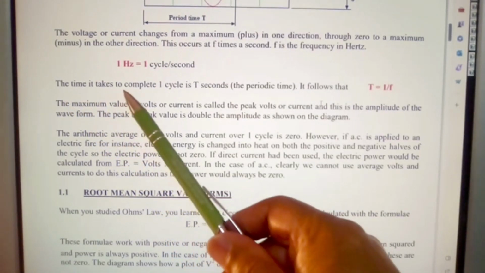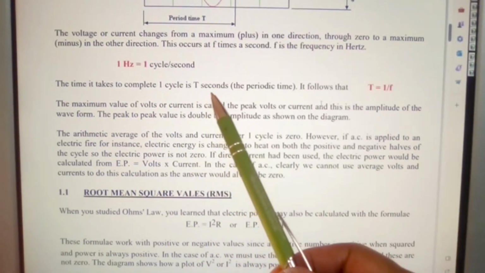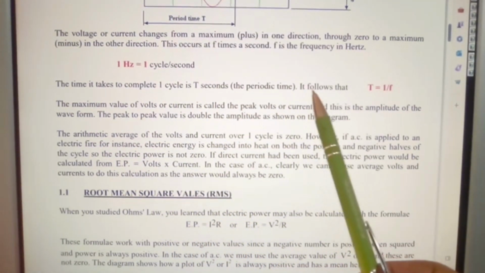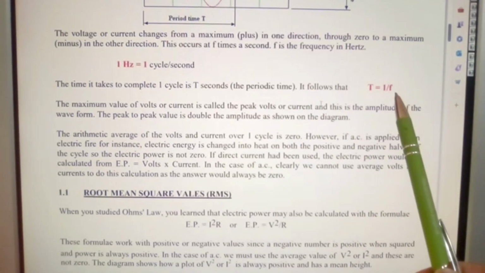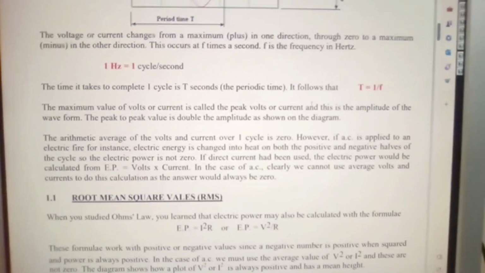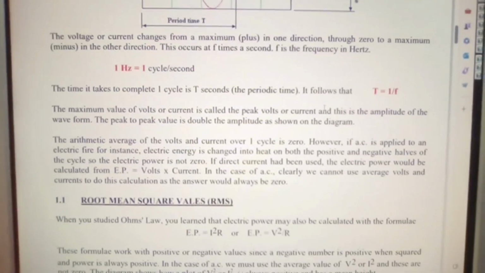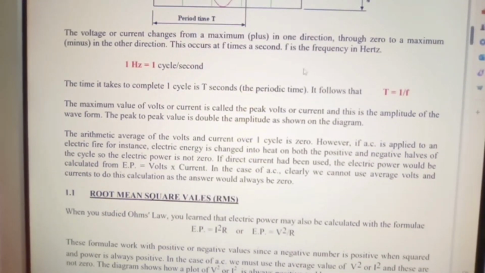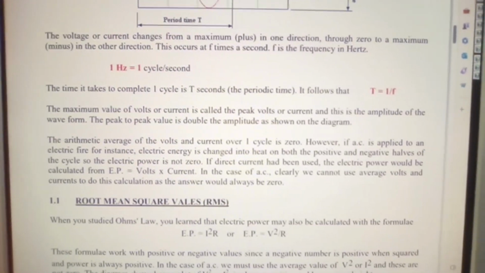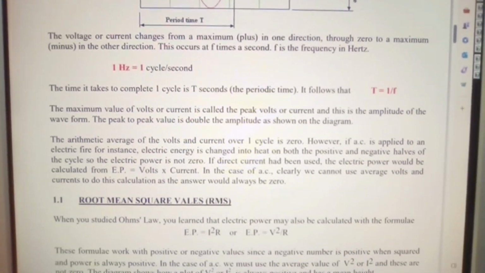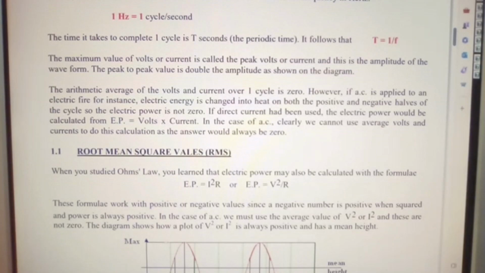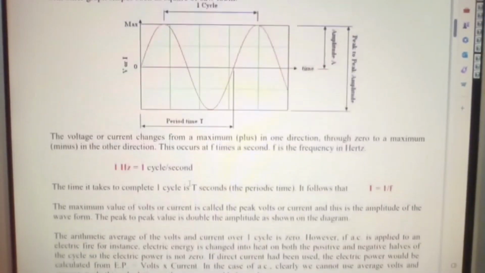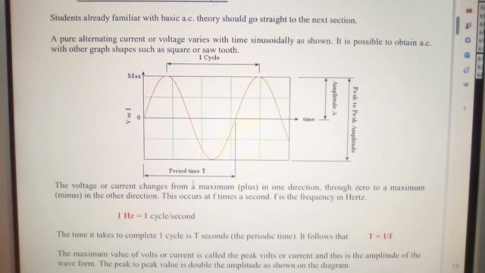The time it takes to complete one cycle is t seconds, the periodic time. It follows that t equals 1 over f. Let's just look at the waveform before I go up again, okay?